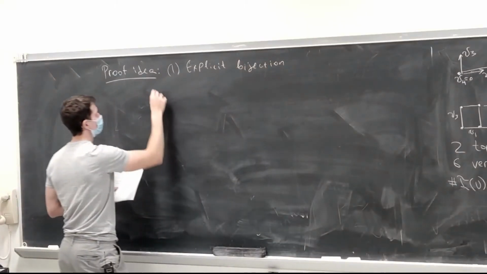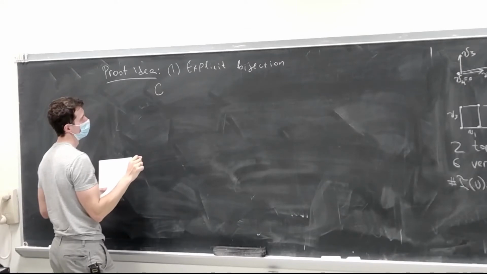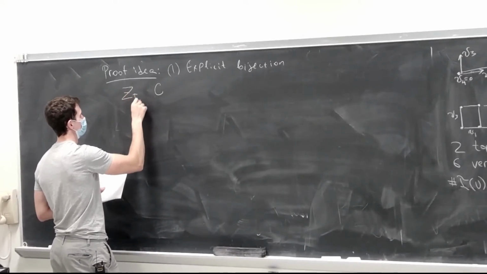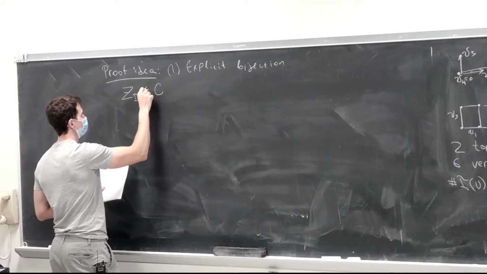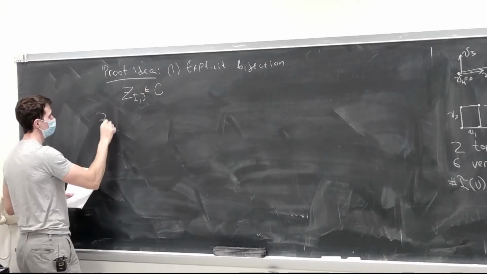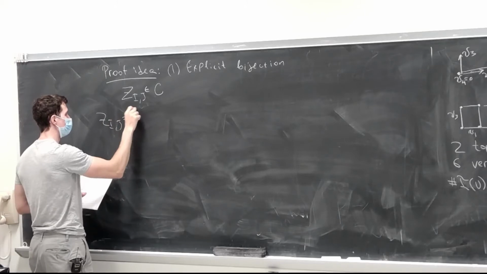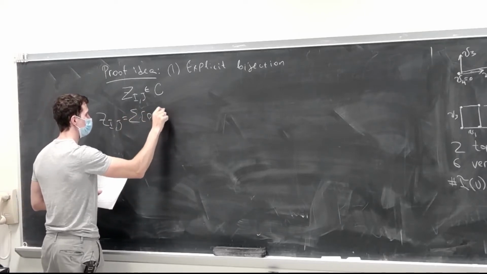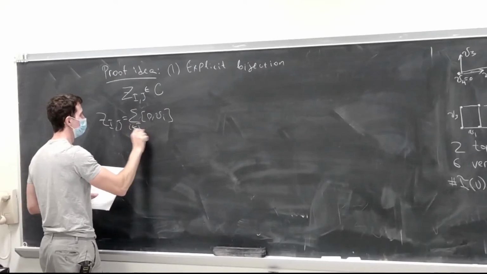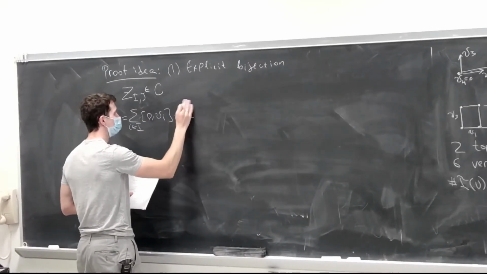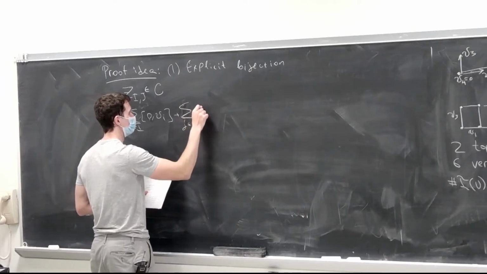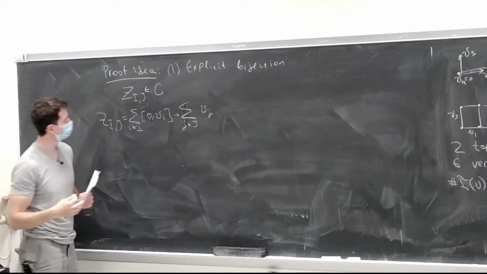So you have a fine zonotopal tiling C, right? And you have some top-dimensional tile Z_{I,J} in C, which, remember, is the sum of line segments from 0 to V_i for i in I, shifted by the sum over j in J of just V_j.